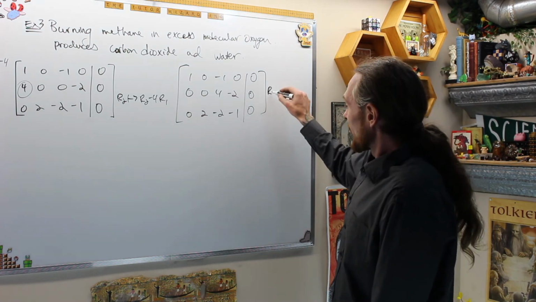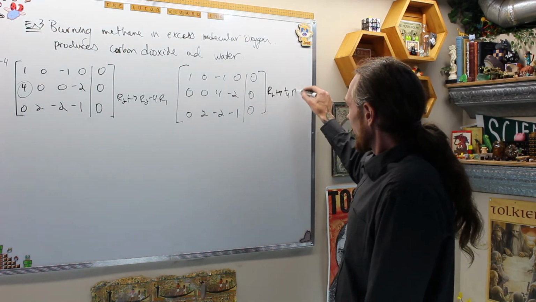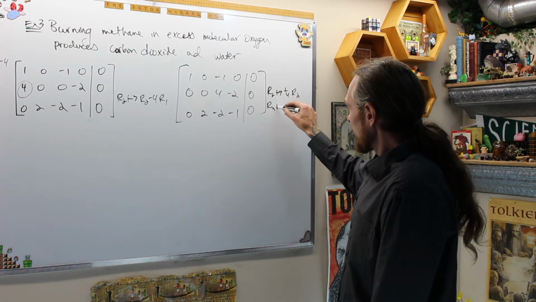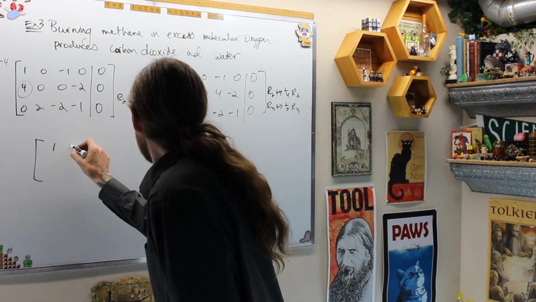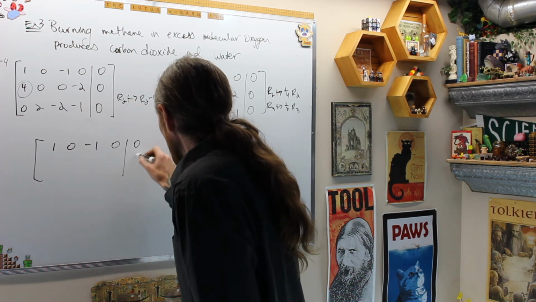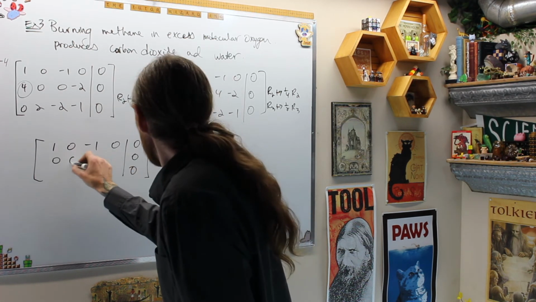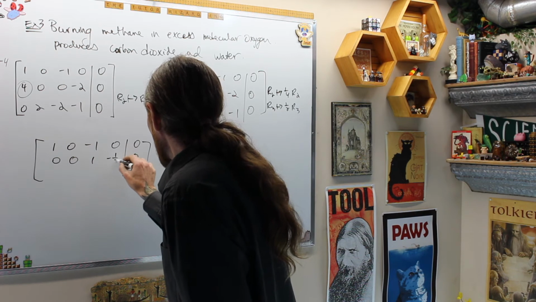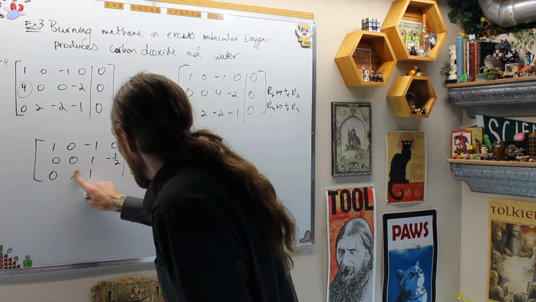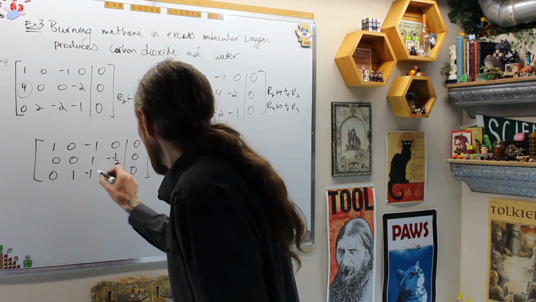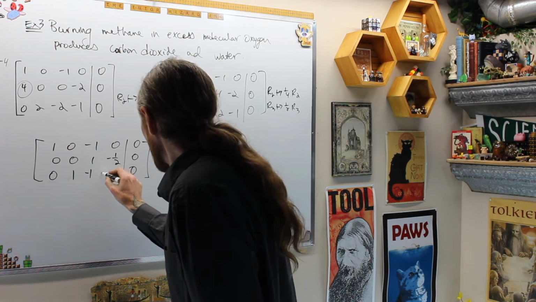Now what I do is row 2 is going to go to 1/4 row 2, and row 3 is going to go to 1/2 row 3, and we are going to get 1, 0, minus 1, 0, 0, 0, 0, 0, 0, 1, negative 1/2, 0. Oh, that should be a 1, negative 1, negative 1/2.